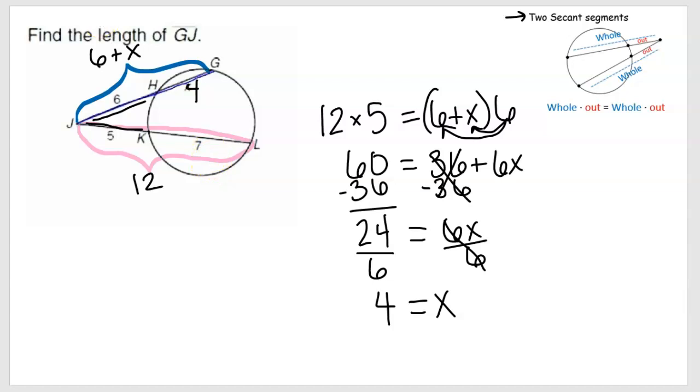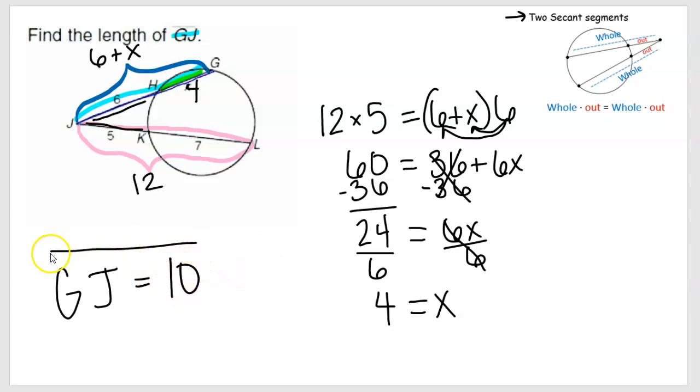Okay, so if on the part 2 test they want you to just solve for that part, then great, it's right here. But our problem wants us to solve for GJ, and GJ goes from one end to the other, right? So it's the whole piece. So GJ is equal to 6 plus 4, which is 10.